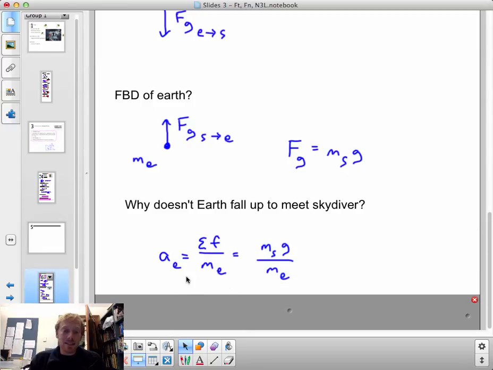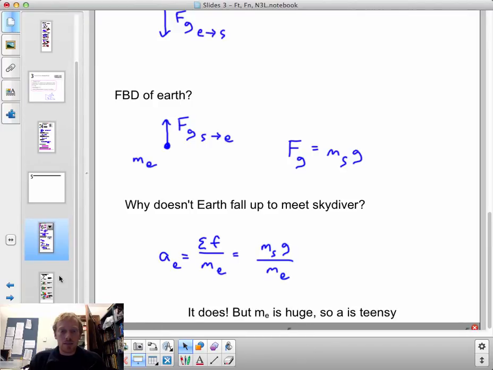It does. The Earth does rise to meet the skydiver with an acceleration equal to the mass of the skydiver times g divided by the mass of the Earth. But check it out, the mass of the Earth is so huge that that denominator is gargantuan, and the acceleration of the Earth upward to meet the skydiver is very tiny.